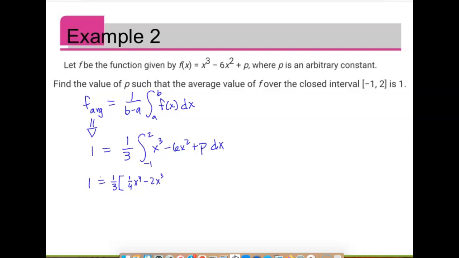Antiderivative of p. Careful, p is a constant, right? So px. And then I'm going to go from -1 to 2.